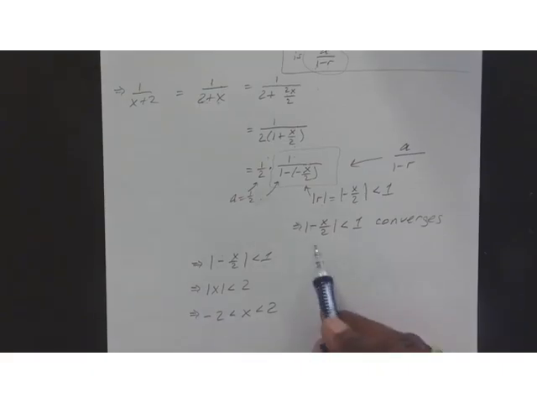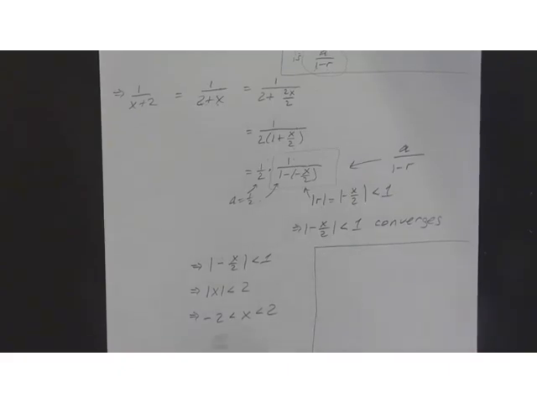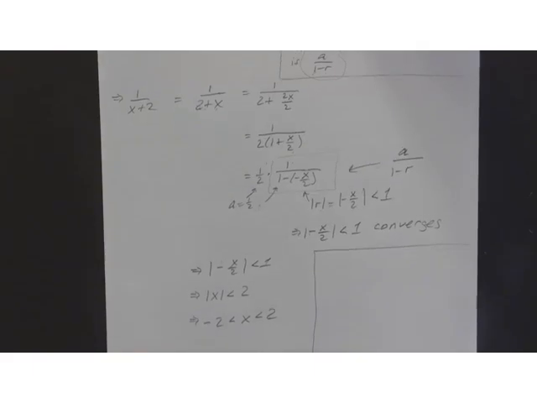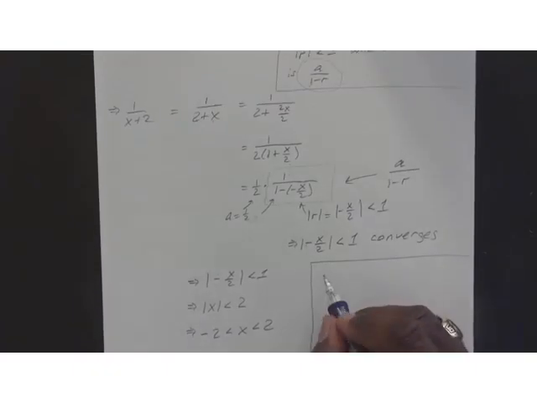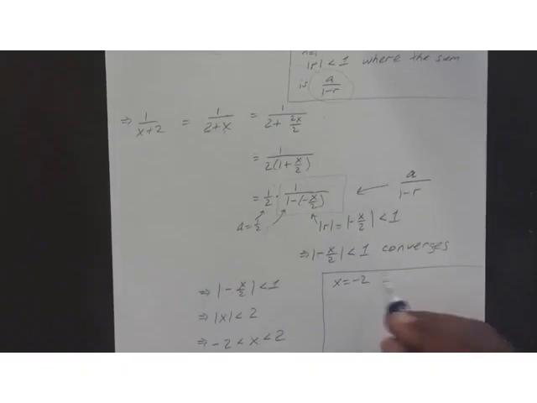So if we plug in our endpoints, because we know this is convergent for every value between there, but we don't know about the endpoints yet. Okay. So when x is equal to -2, well, we end up with, oh, actually, we have to convert that.